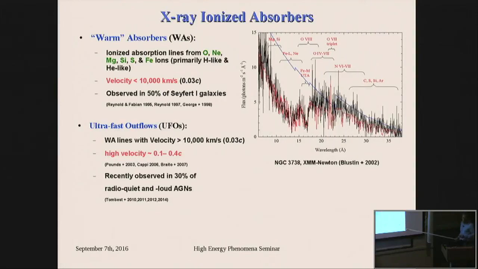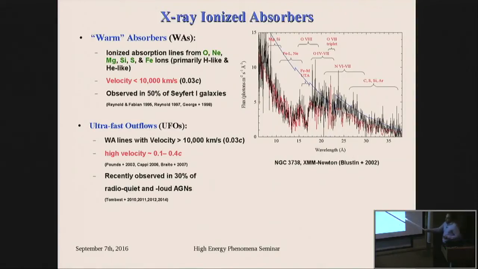There are two types of ionized absorber. One of them is historically called the warm absorber because we first observed it below 2 keV. Historically it was only magnesium, silicon, sulfur and oxygen which showed this warm absorber, and later we saw it in iron. Right now the phrase warm absorber is used for ionized absorbers with velocity less than 10,000 kilometers per second.